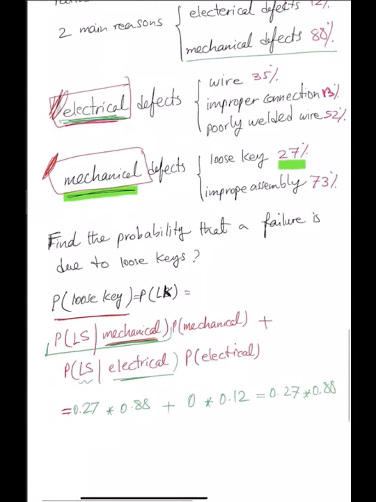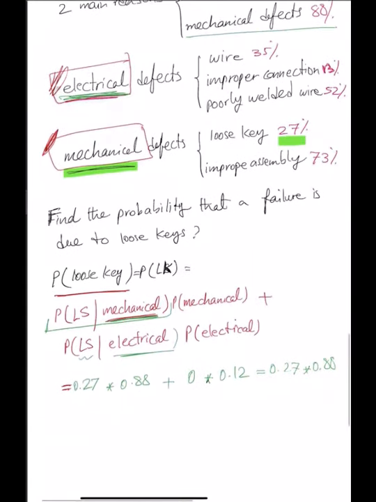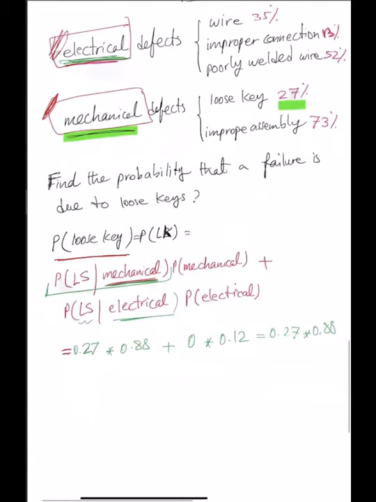Any questions so far? So we have to be careful with how the questions are. If it's general, we do what you just did. But if it's specific, say if it said it was a mechanical defect, we can go straight to the first part of it, right? Yes, exactly.